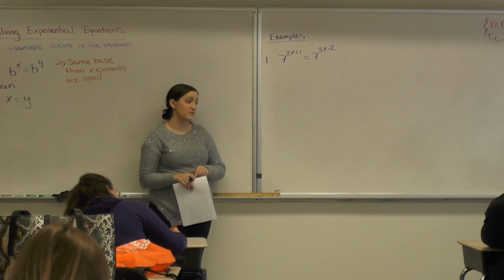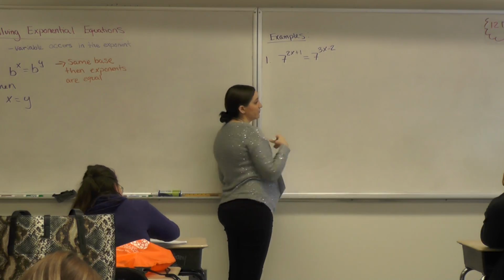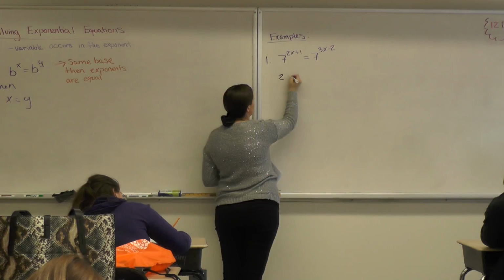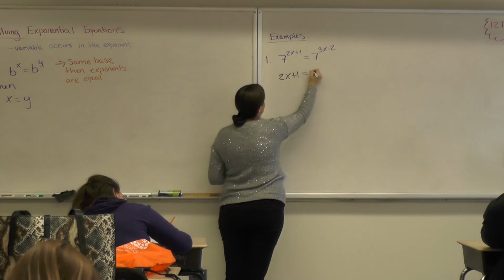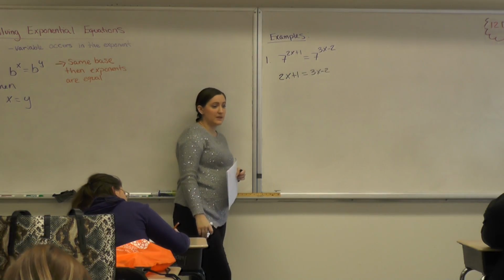They have the same base of what? 7. So we can pretty much get rid of our bases because they're the same base, and we'll just set the exponents equal to each other. Now it becomes a simple equation, and we can solve for x.